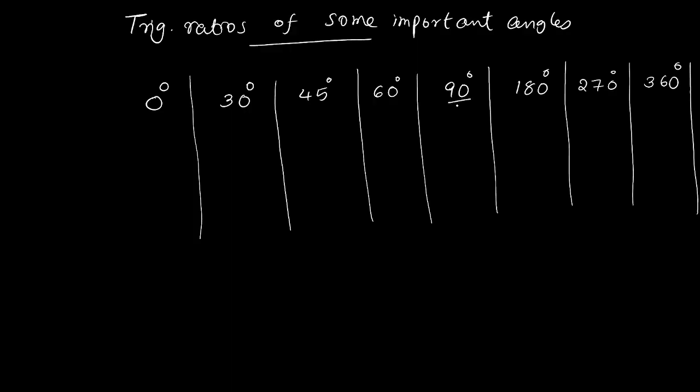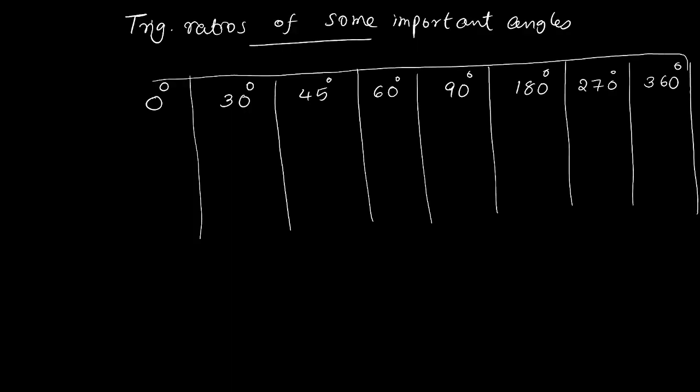Then you may have a doubt: what about the angle between 90 and 180? That part I will discuss later. For angles like 120 degree, 135 degree, there is a technique for finding the value, which I will discuss later. For the time being, you must memorize all these values without any proof.